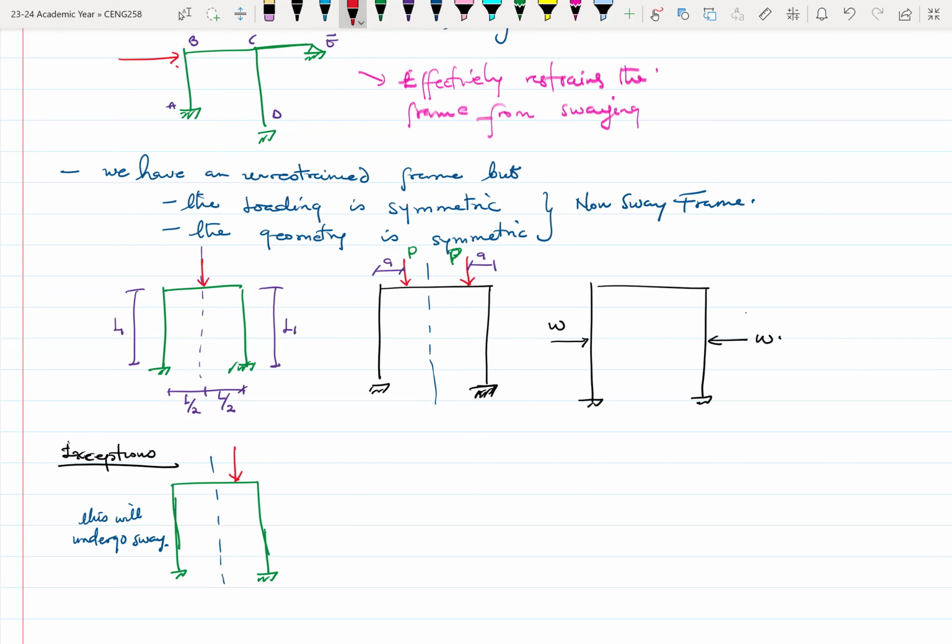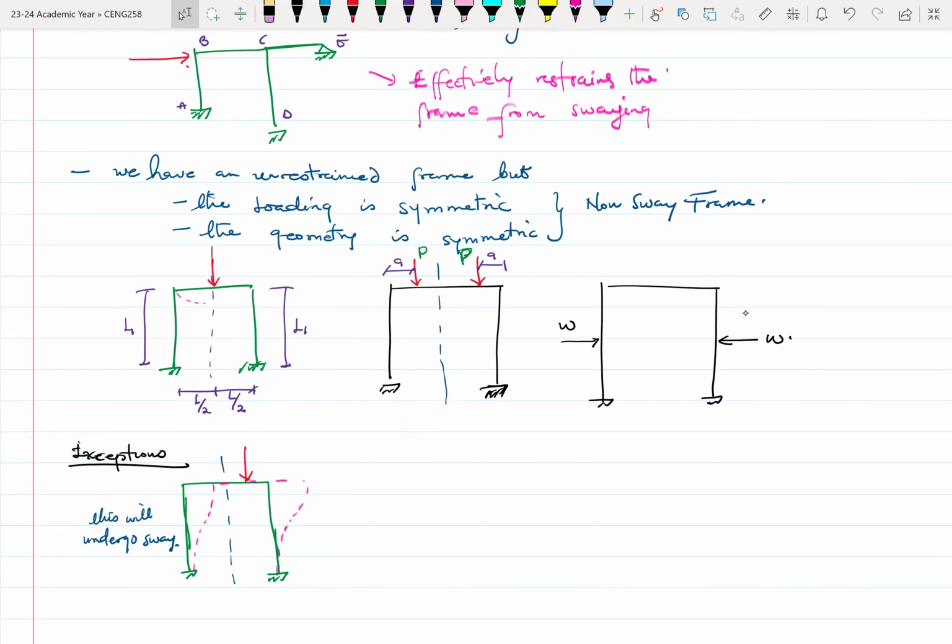If I'm to draw the deflected shape, it would look something like this. So the frame will just go this way. It's going to expand outside rather. All right. So you can see that in the unloaded case, joints A, B, C, and D are not moving.